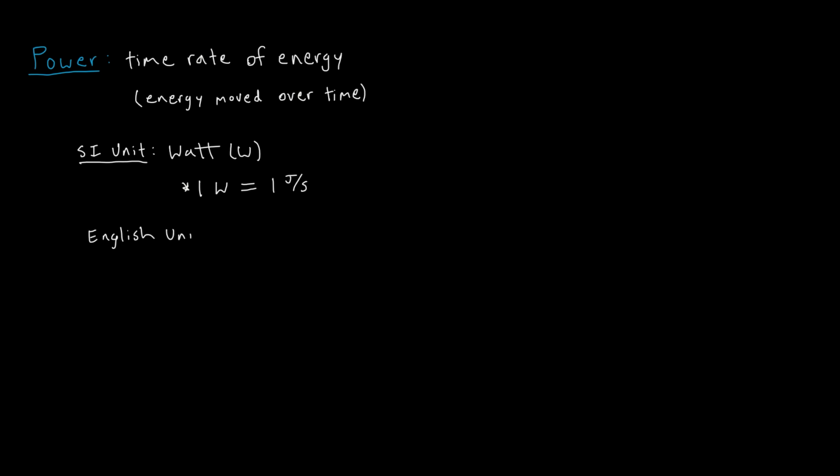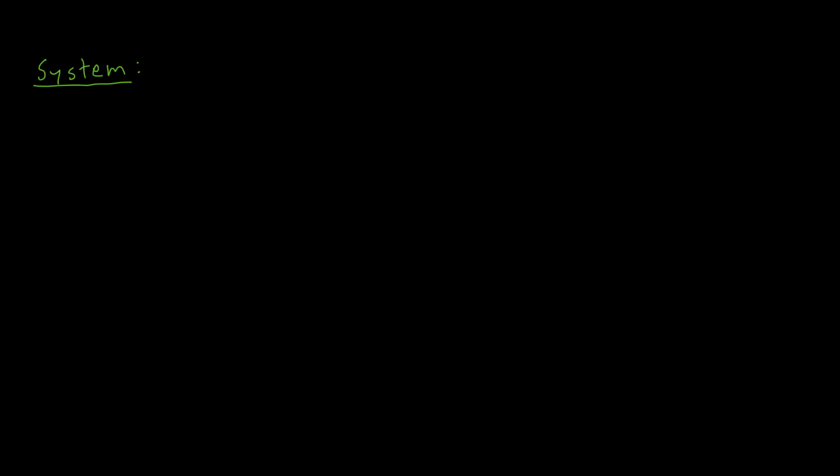And the English unit is horsepower. Since the derived definition of horsepower is a bit complicated, 1 horsepower is just simply equal to roughly 746 watts. So now moving on to some more distinct key concepts in thermodynamics.